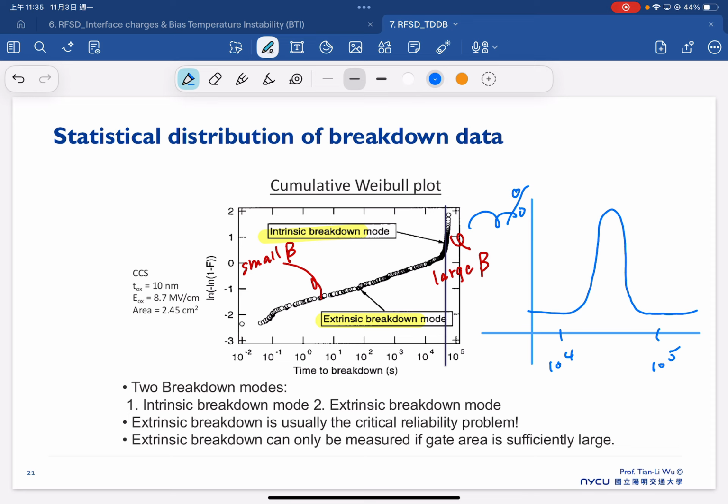So therefore, now you can extend your knowledge: a large beta is actually equal to a very narrow distribution.